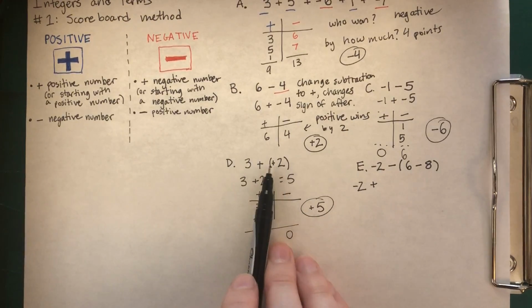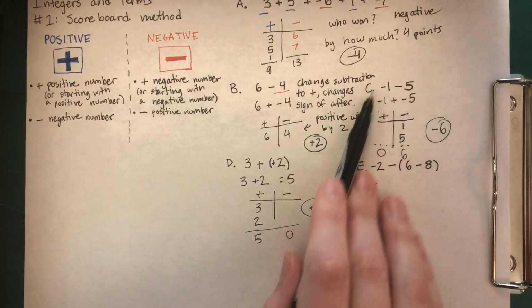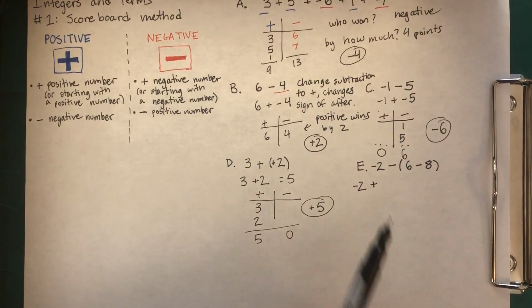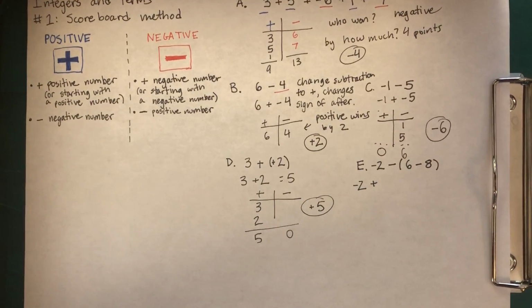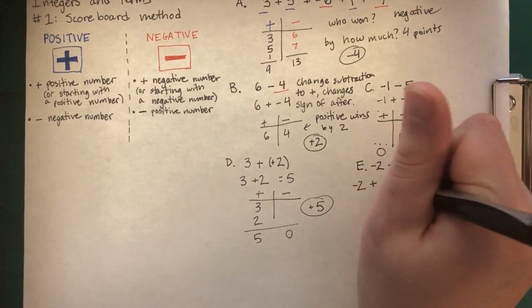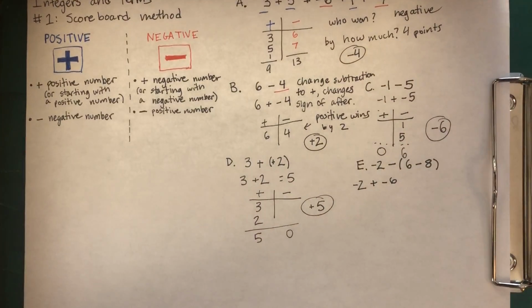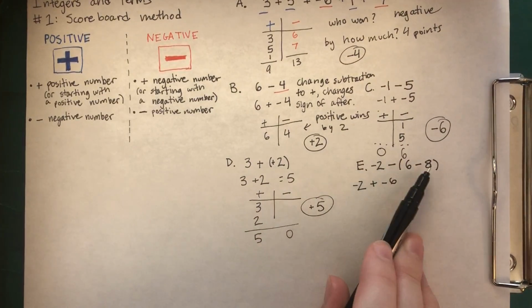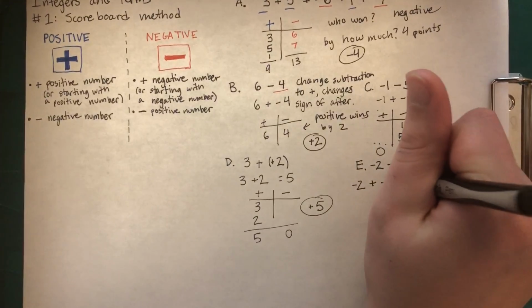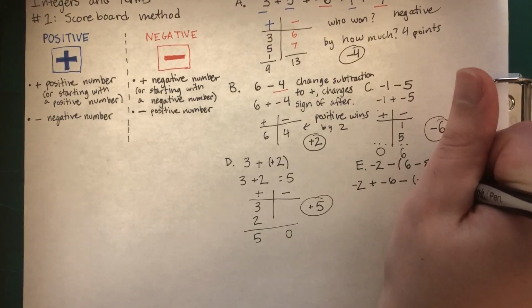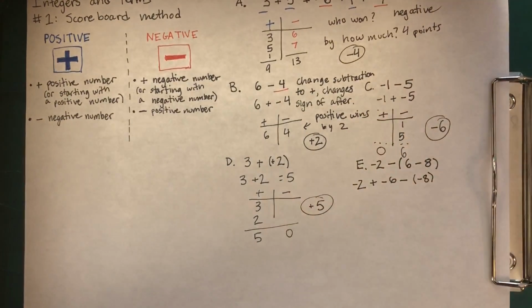It can change a negative to a positive, and it can change a positive to a negative. So I need to change the sign of both of these numbers. So this is going to become plus a -6, and then I could write this as minus a -8.